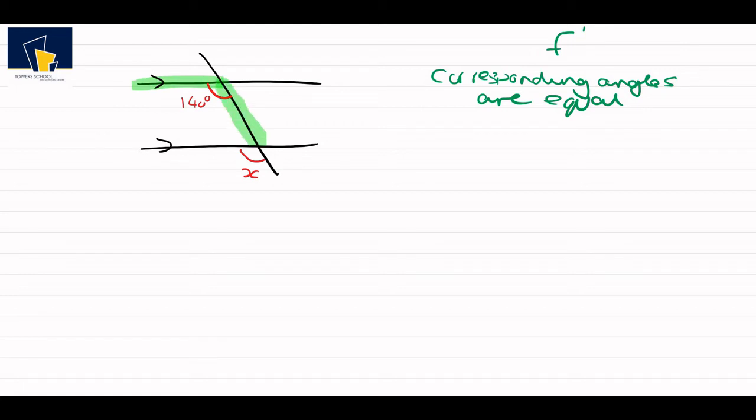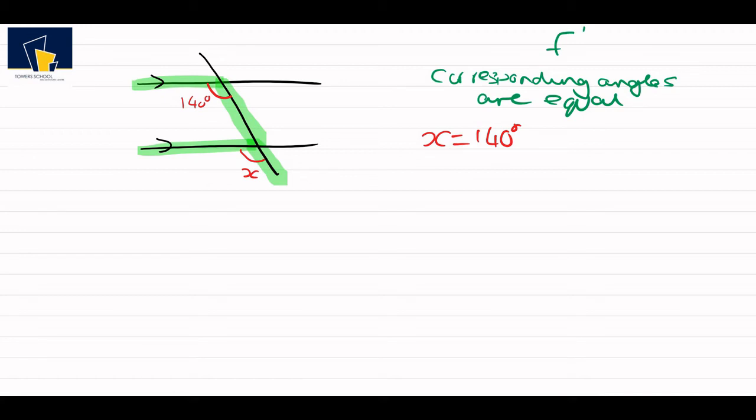The x value at the bottom is created with this line here and that line there, and you can see we've got our F shape. So in this instance, x is going to equal 140 degrees because corresponding angles are equal.